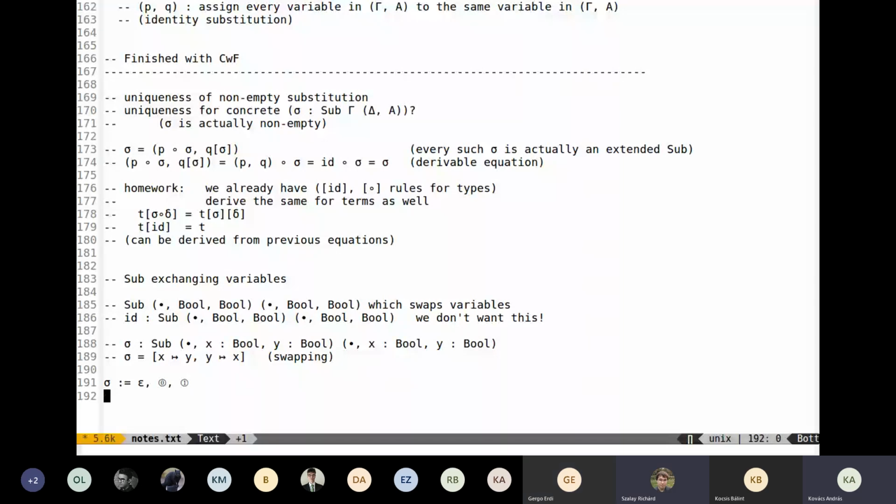So we can also have an informal notation for mapping de Bruijn indices, but there is some flipping here, because this says that the index 1 is mapped to 0 and the index 0 is mapped to 1.